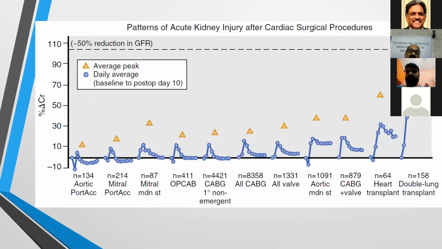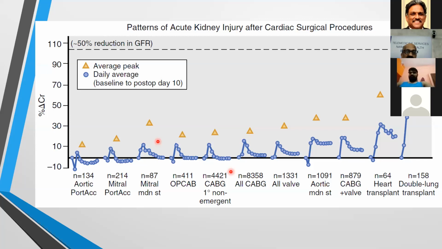Coming to the pathological condition, this is a picture showing the acute injury patterns after cardiac surgical procedures. You have different surgical procedures on the horizontal axis and the degree of creatinine change, expressed as a percentage from the basal value, on the vertical axis, and you have the less invasive procedures.